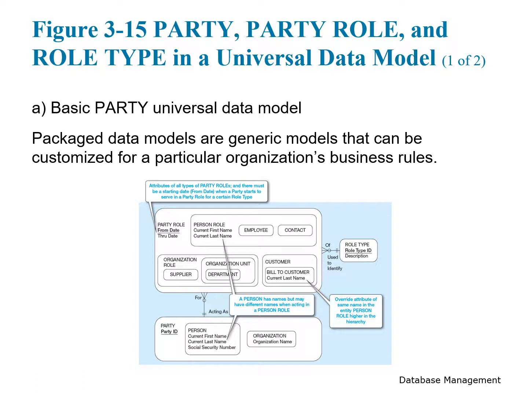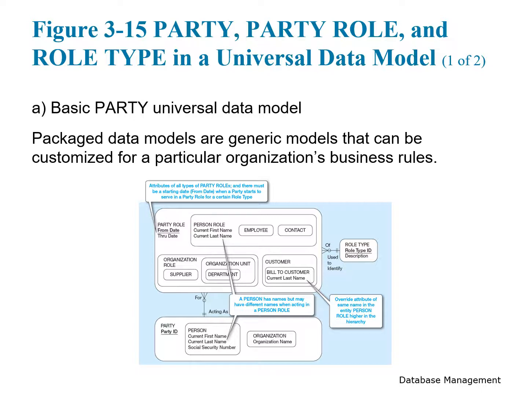This is a very generic data model. This type of structure allows a specific party to serve in different roles during different time periods. It allows attribute values of a party to be overridden, if necessary, by values pertinent to the role being played during the given time period.